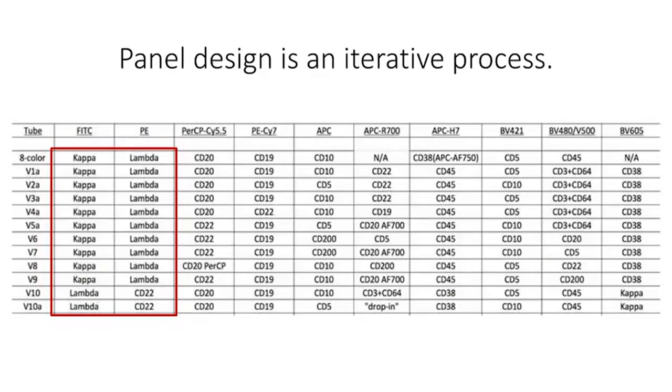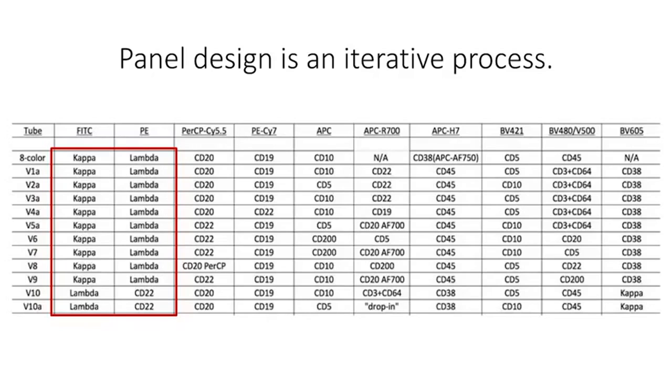Now, back to our iterative design. You'll notice that we went through many, many iterations, and nothing changed in FITC and PE. That's because the changes were happening at this end of the tube, where we were trying to find a home for CD22.